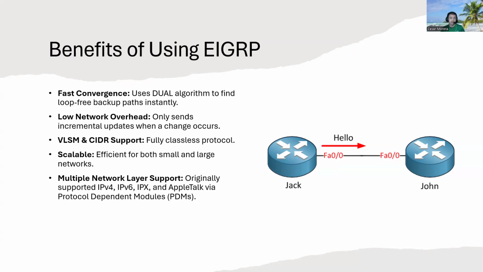Scalable: efficient for both small and large enterprise networks. Multiple network layer support: it originally supported IPv4, IPv6, IPX, and AppleTalk via protocol-dependent modules, PDMs.